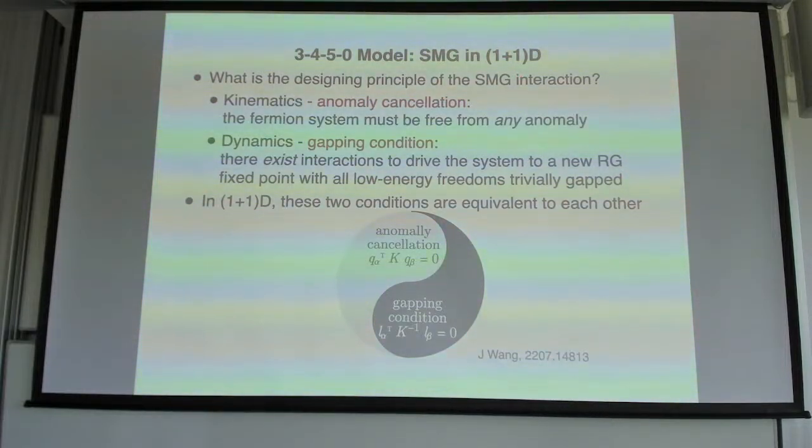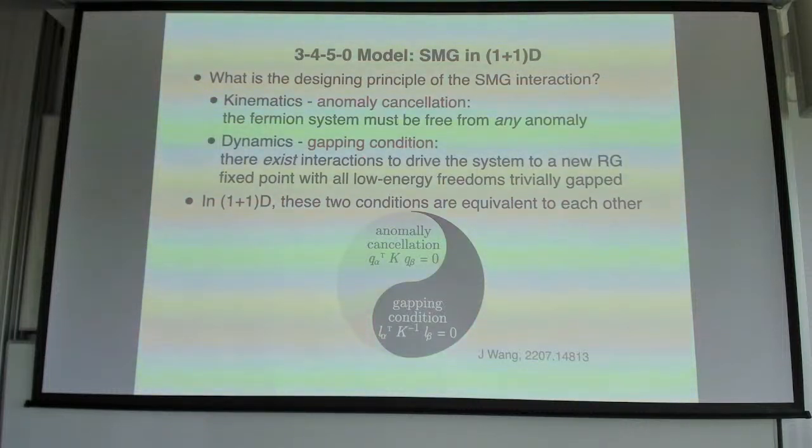So basically, we know there are two big criteria. One is on the kinematic level: you need to be anomaly free, meaning the anomaly cancellation criterion, that the fermion system must be free from any anomaly in order to admit a gap without any symmetry breaking or any topological order. And there's another criterion that is dynamics, a more subtle criterion that we don't fully understand yet: what kind of interaction can gap the system?